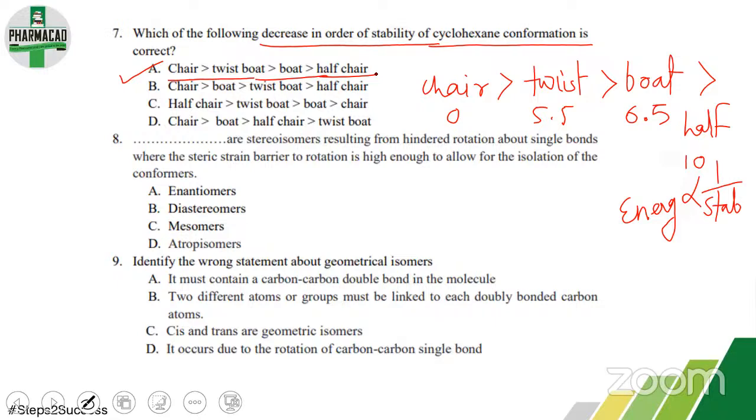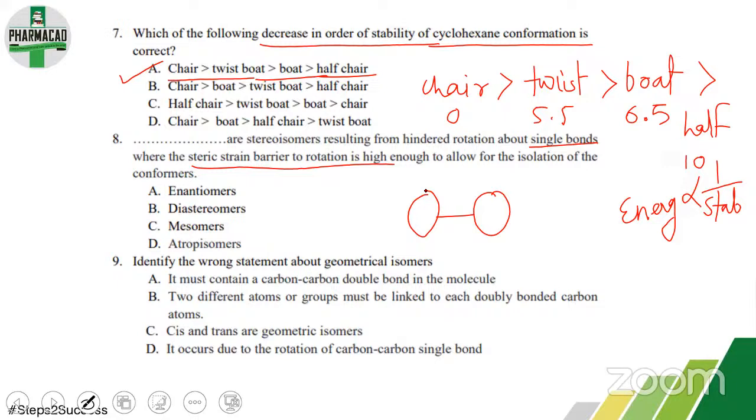Okay, next MCQ is, which are stereoisomers resulting from hindered rotation about single bonds, where the steric strain barrier to the rotation is high enough. Now, when is rotation hindered by steric strain? When we have two bulky groups on the opposite sides of that single bond.